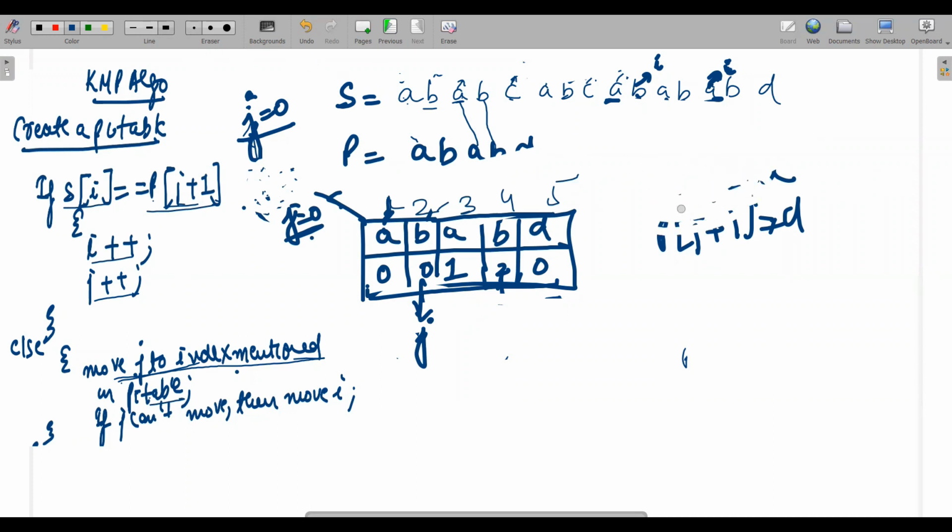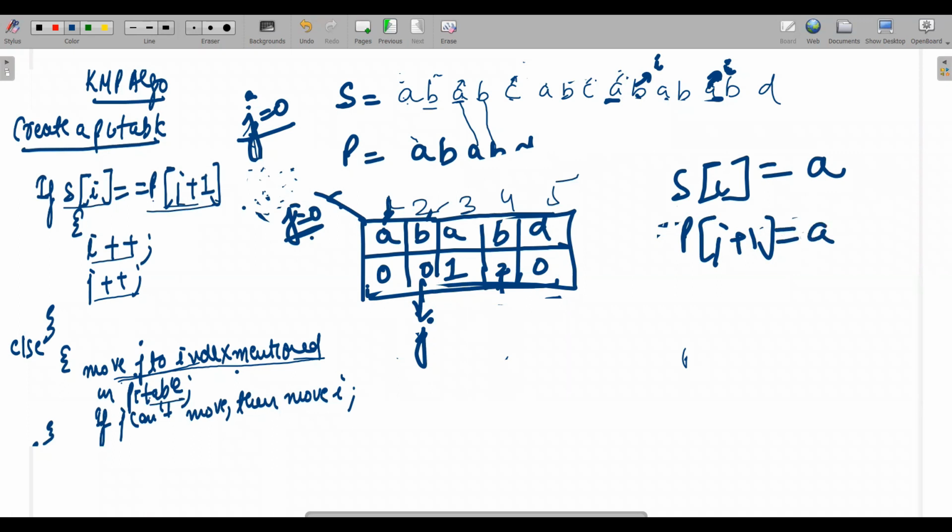Your S of i is A, and P of j plus 1 we have to calculate. P of j was pointing towards B, P of j plus 1 would point towards A. So this A and this A match. This B and this B are matching. D and D are matching. It means this is present.